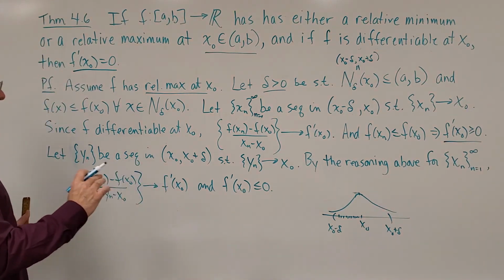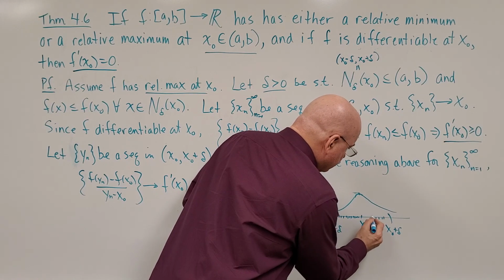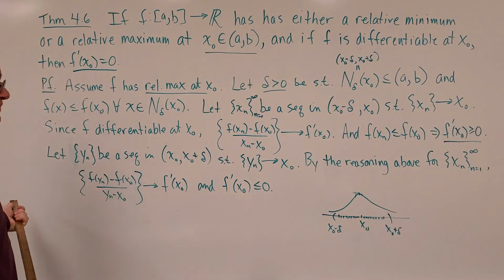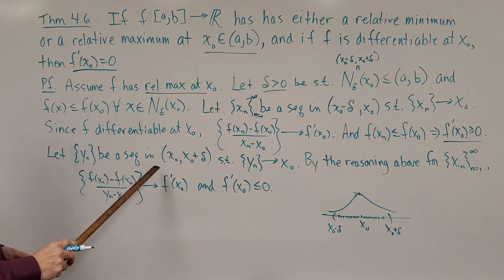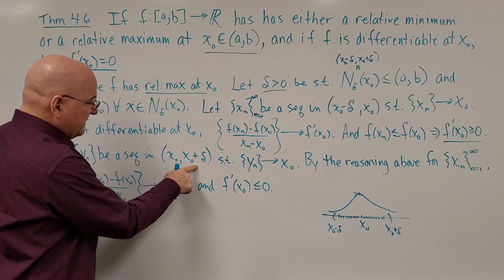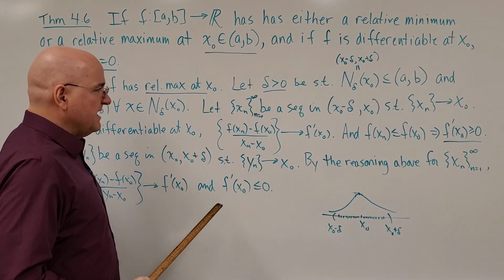Now, I'm going to do the same thing with the sequence that starts in this region and converges to x naught. So let y n be a sequence on the right-hand side of x naught, between x naught and x naught plus delta, that converges to x naught.